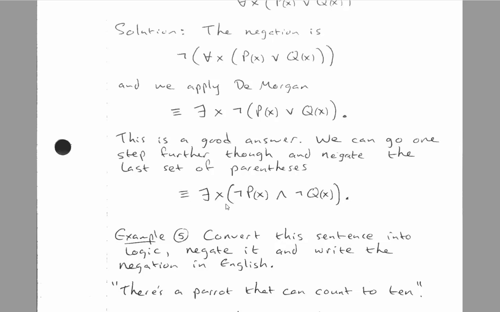Alright, so maybe this is the best answer. Okay, so just to remember with De Morgan's laws, for alls get switched to there exists, and ors get switched to ands, and vice versa.